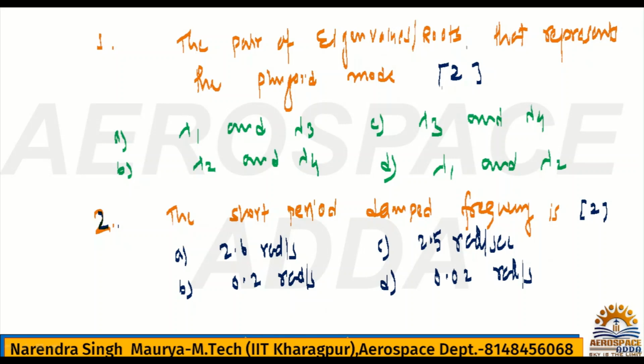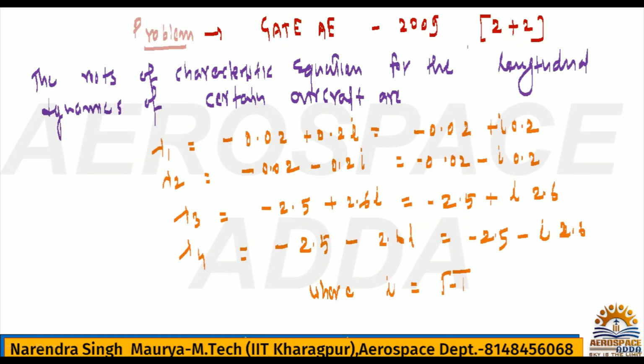See, the pair of eigenvalues or roots they have given represents the phugoid mode. Which are the two pairs? Pair means two roots they are talking about. Those two roots represent the phugoid mode. So how would you know which one is the phugoid mode and which one is the short period oscillation? I told you phugoid means long period oscillation.